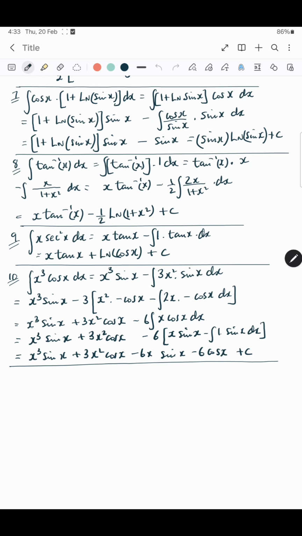And then the next line, that's x cubed sine x plus 3x squared cos x minus 6 integral x cos x.